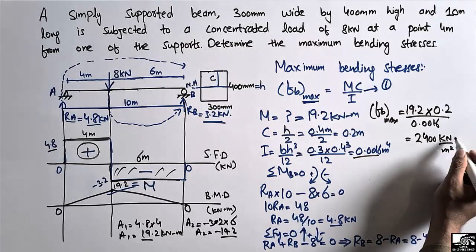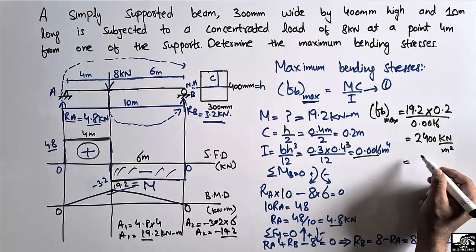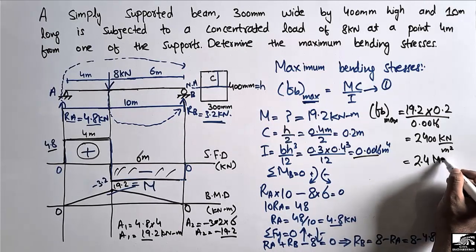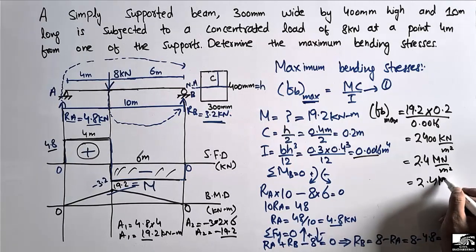Because it is a stress, we get the unit of kilonewton per square meter. Now if we divide this by 1000, we get 2.4 meganewton per square meter, or we can say 2.4 megapascal.